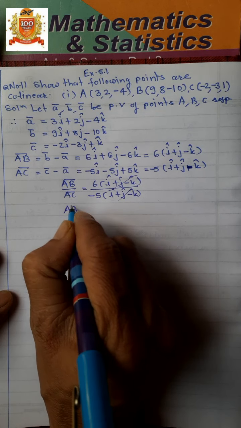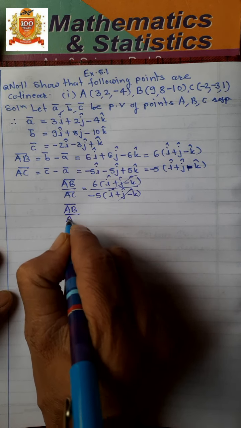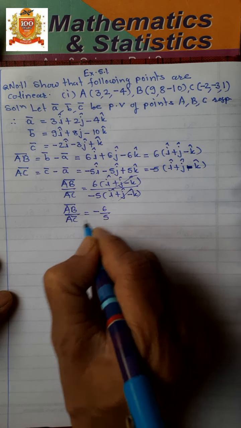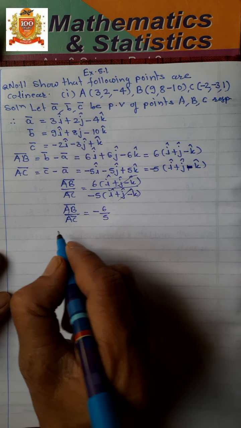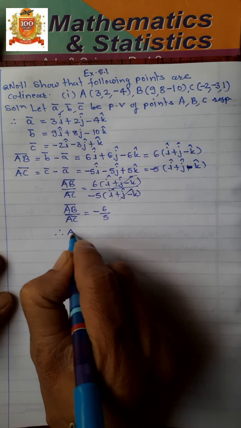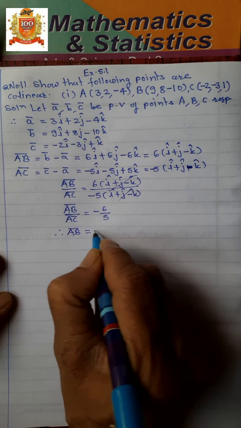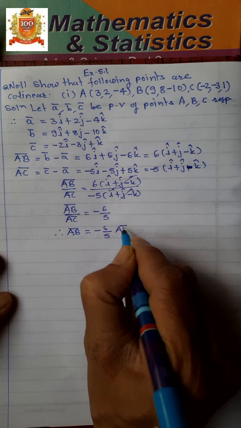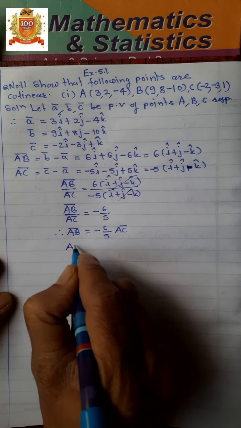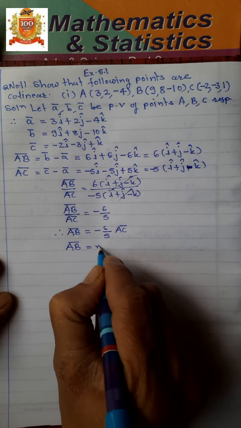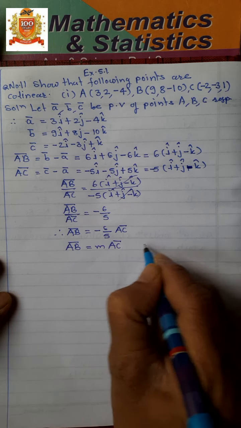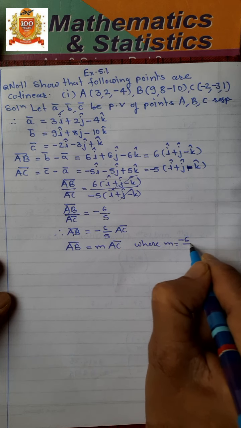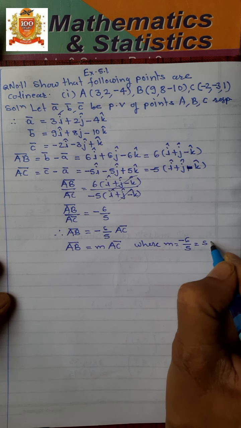Therefore, AB bar upon AC bar is equal to minus 6 by 5. Agreed? Therefore, AB bar is equal to minus 6 by 5 into AC bar. AB bar is equal to m into AC bar, where m is equal to minus 6 by 5, a scalar.